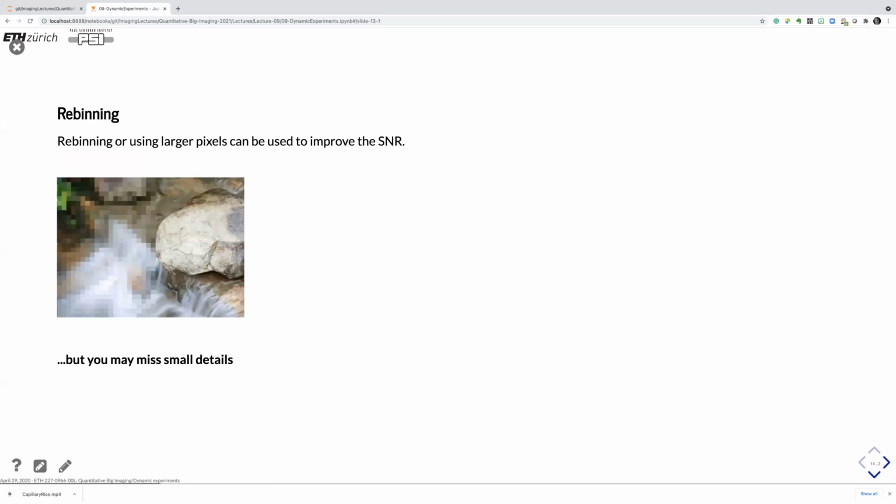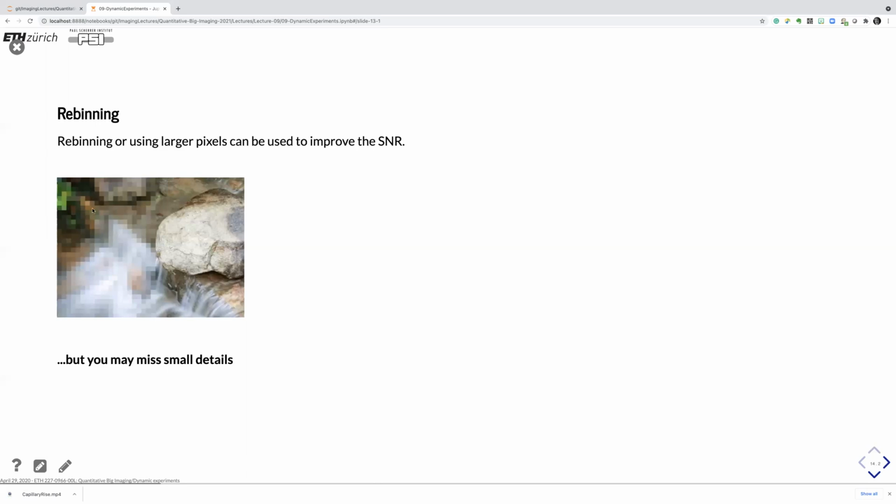One trick you can do, looking at the scale, is if you increase the pixel size, you can see you can't resolve fine features, but you have better signal to noise ratio. Just to compare between these two, I think I did something like 16 by 16 large pixels, so one pixel is made out of 16 by 16 pixels.